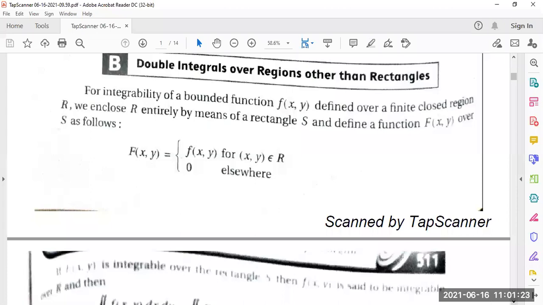Actually, by the double integral, what have we measured? Area. Obviously, you have told the right thing.